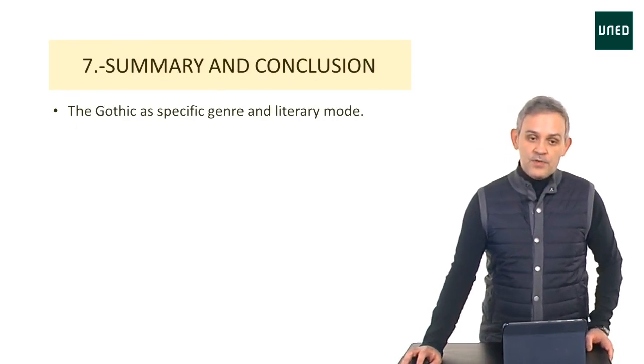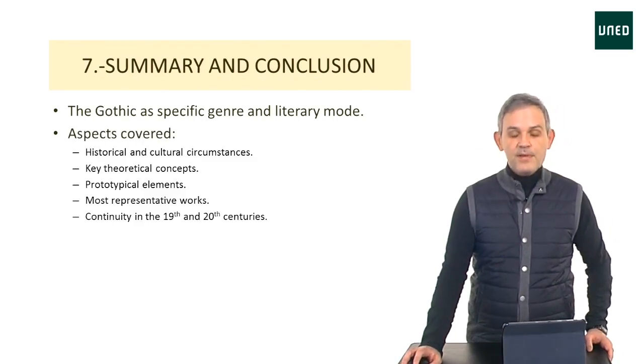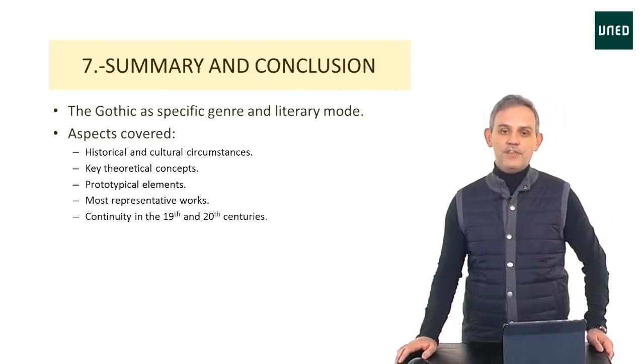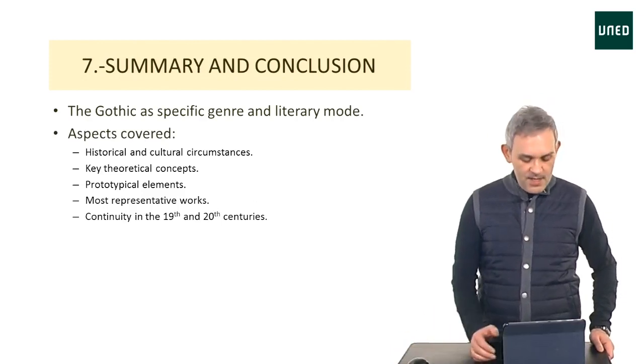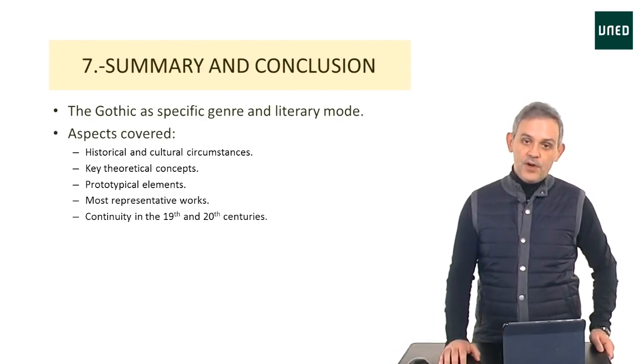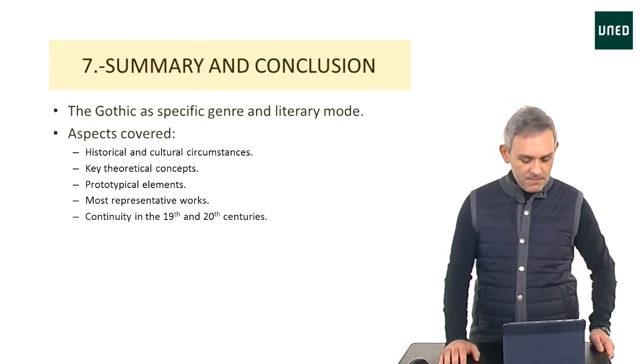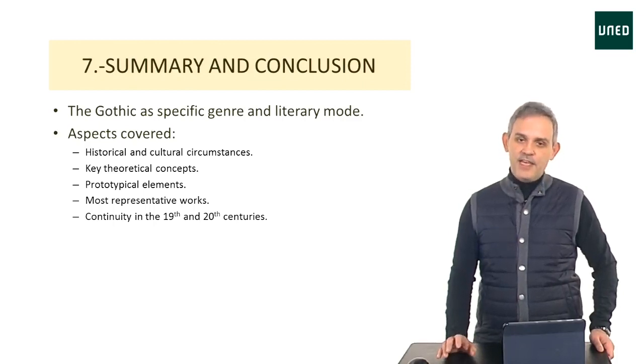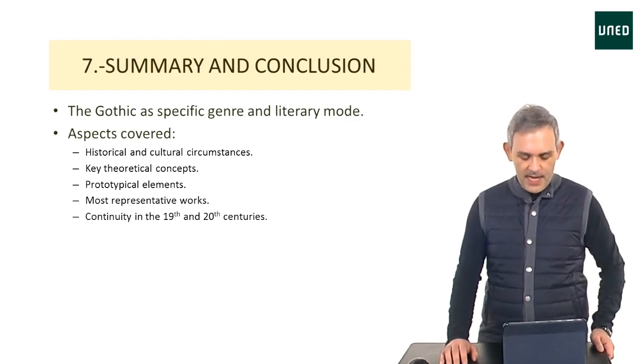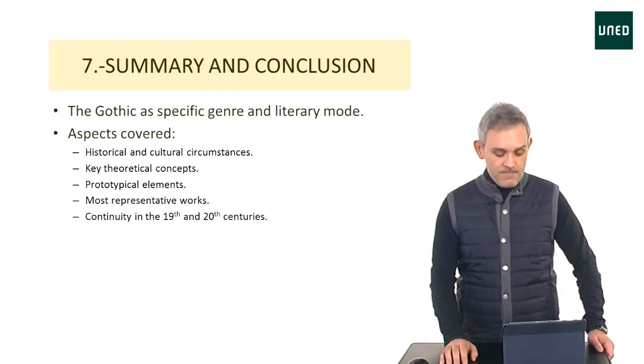And to conclude, I will sum up the aspects covered in this video lecture. We've talked about the historical and cultural circumstances in which the Gothic emerges. We have analyzed some of the key theoretical concepts associated with the genre.